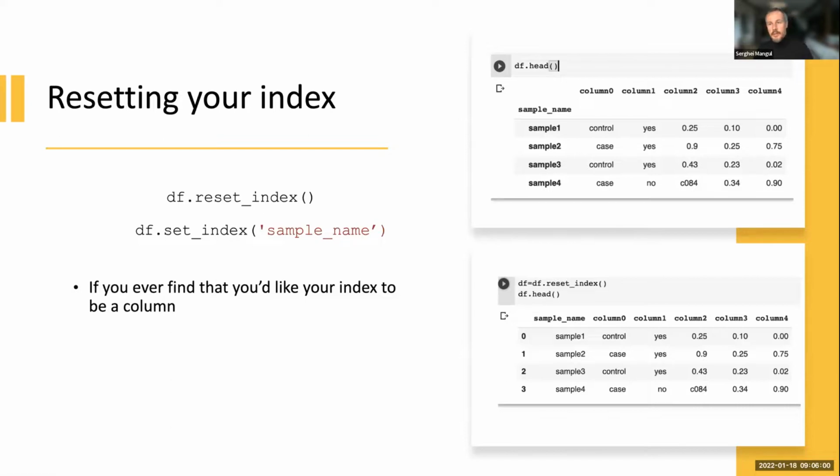Okay, so if we need to reset the index, remember, what is an index? Columns need to have names, right? Like in this case, you can see column 0, column 1, column 2, column 3, and 4. Those are the names. In real life, that will be something more meaningful, like age, biological sex, things like that. Those are the phenotypes we typically collect for the patients, or the phenotypes of the samples.